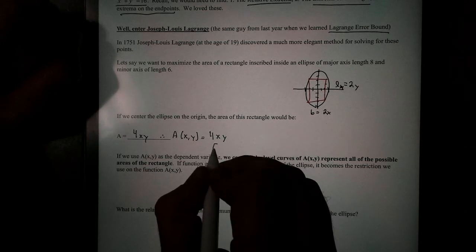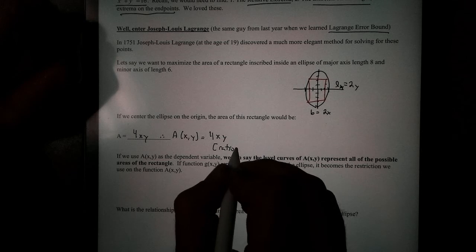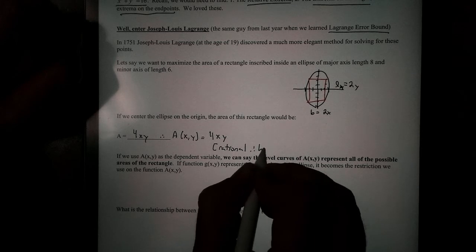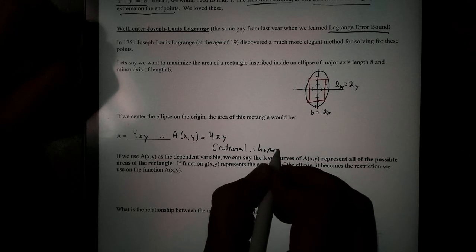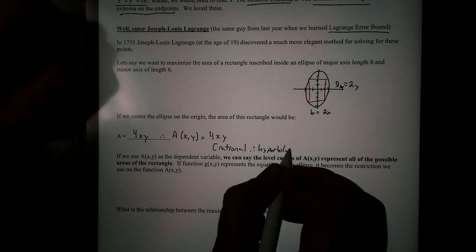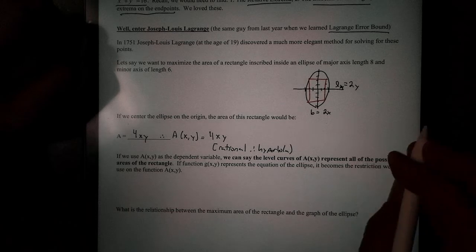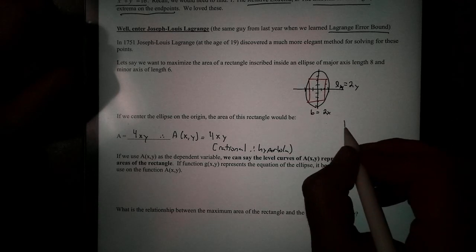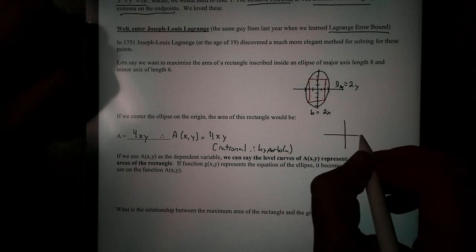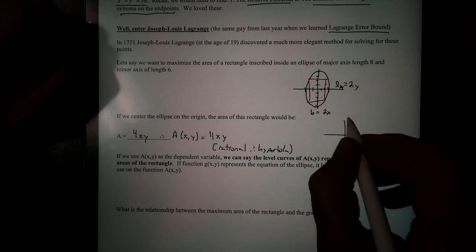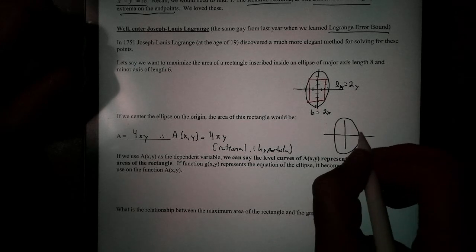Now, you might recall, this is a rational function. Therefore, this is a hyperbola. So, if I were to draw my ellipse again, there's my ellipse.